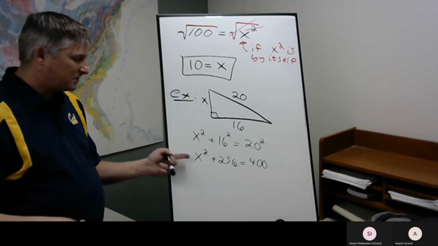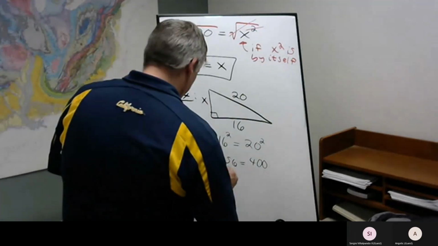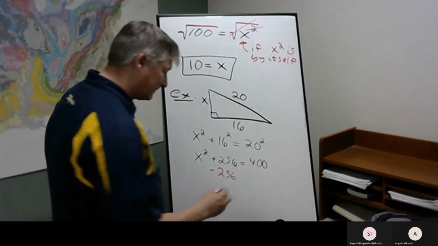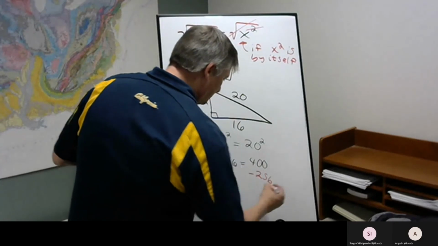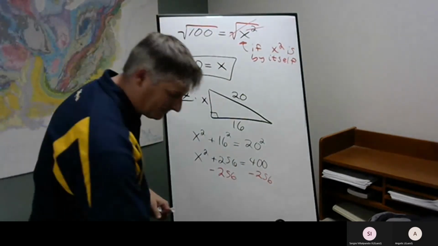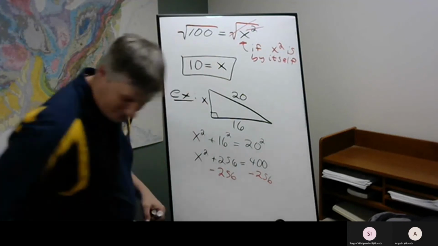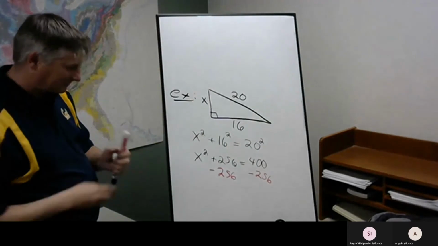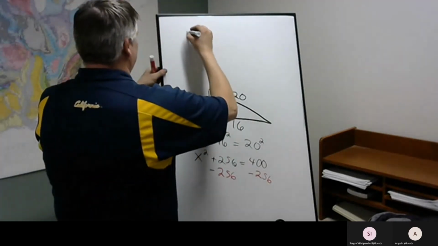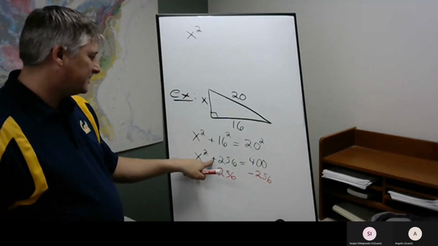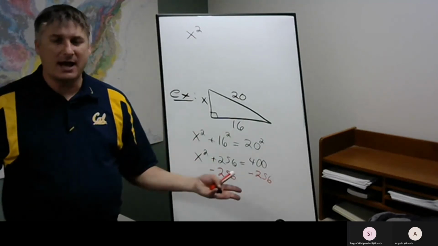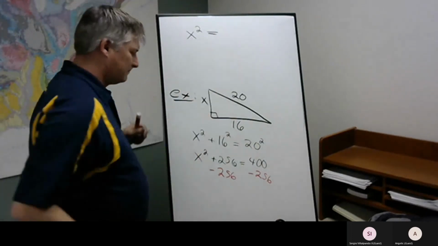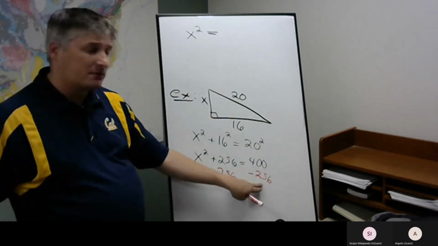So we need to solve for x squared. So let us solve for x. We want to get x squared by itself. It has to be by itself first. Subtract 256 from both sides. Well, plus 256 minus 256, those are going to cancel out. They're going to go away. That'll just leave us x squared. But what we do to one side, we always have to do to the other.